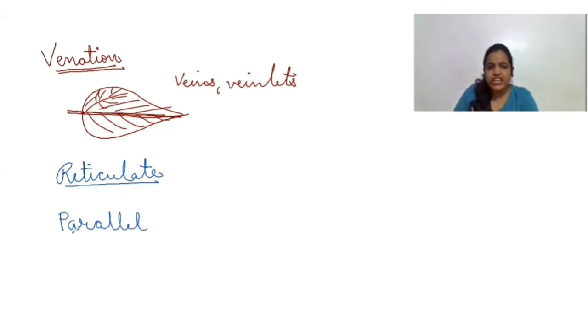Now, I'll tell you what these terms mean and how you can recall their meanings. Parallel, we all know what parallel means: when the lines are at equal distance completely. So first I'll draw the leaf for the parallel ones, then I'll come to the reticulate ones, because we should discuss the easier ones first and then we should focus on the bit new terms for us.